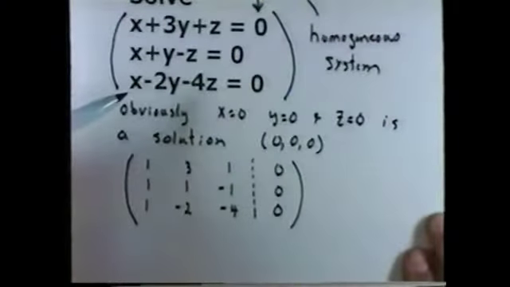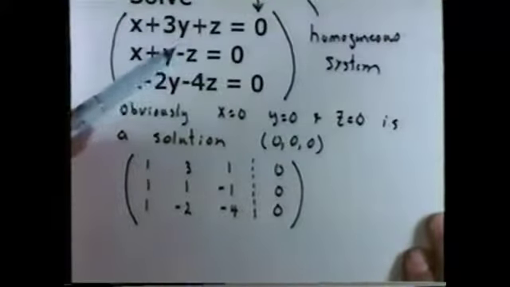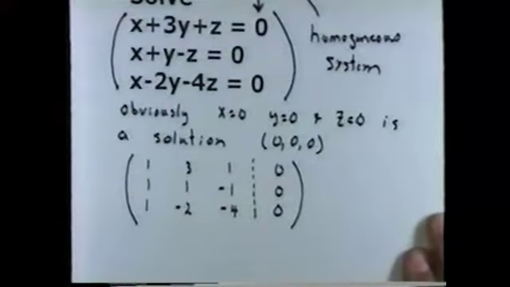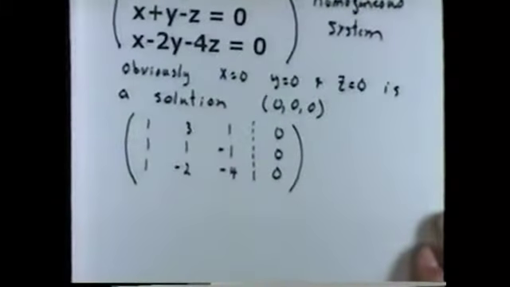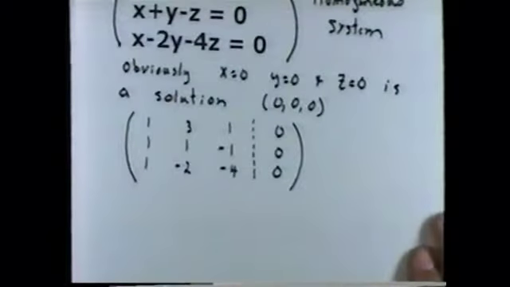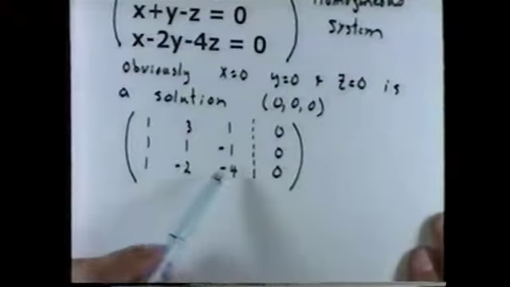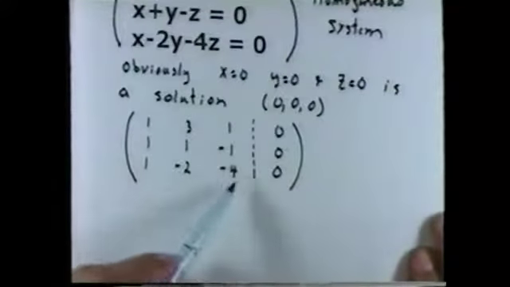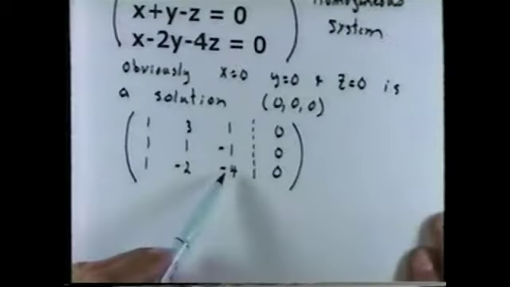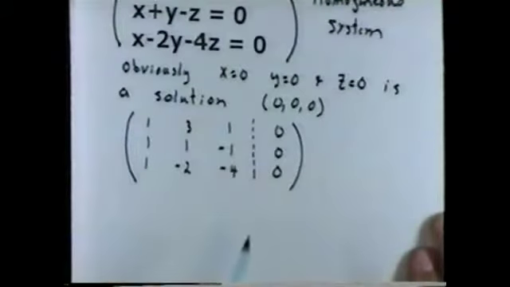All ones in the first column, 3, 1, negative 2 in the second column, 1, negative 1, negative 4 in the third column. I want to get to at least row echelon form, in which I want all ones along the main diagonal, or zeros, ones or zeros on the main diagonal, with the zeros coming at the end, and all zeros below it.